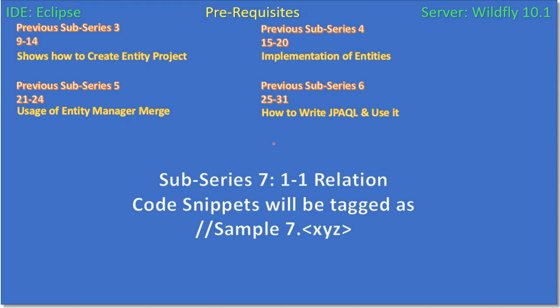And in the downloadable code you can see the sample with the code snippet 7.xyz. And in the same file, if you see 3.6 for example, that means that piece of code is added as part of subseries 3 and code snippet is 6.